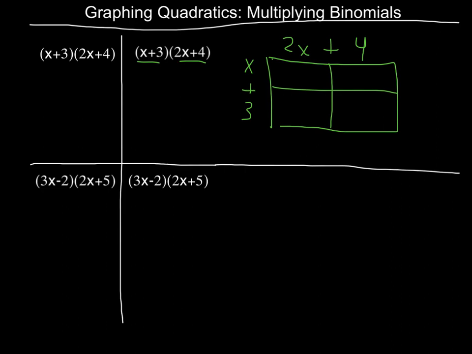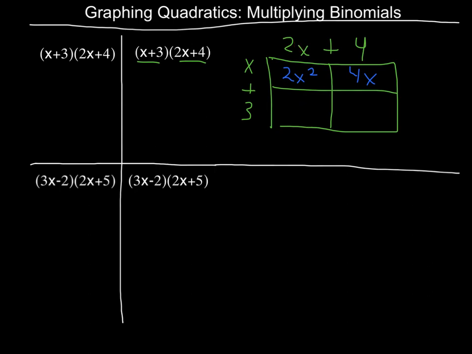And then I start filling in the insides of it. The way I define the inside, because the area model, it's area equals base times height. So I have x times 2x goes in this box right here. So that's going to give me 2x squared. And then I have x times 4, which would give me 4x. And then I have 3 times 2x goes in this box.